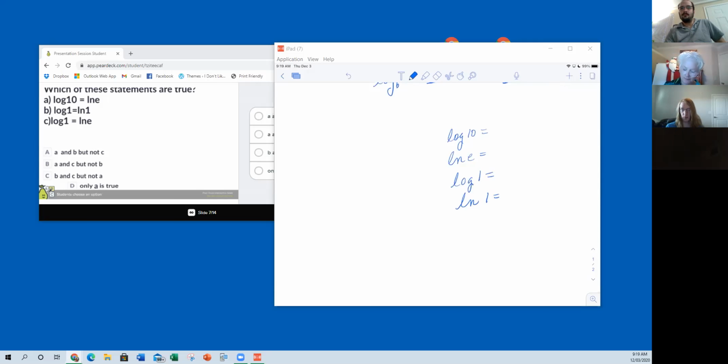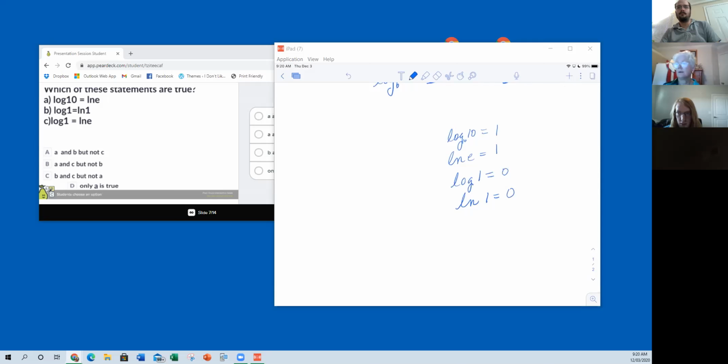Remember, if it's just written with a log, you know that it's base 10. So for log 10, you just count the zeros. If it's a power of 10, it would be 1. A log and a 10 cancel each other out, and you're just left with 1. ln e also: ln and e undo each other, and you're just left with 1, because ln is just log base e. Then any log, regardless of the base, of 1 is always 0.